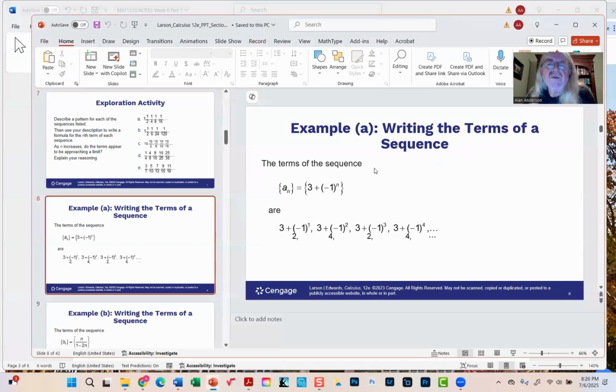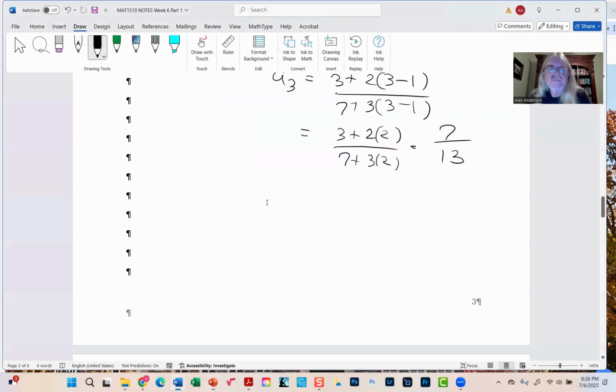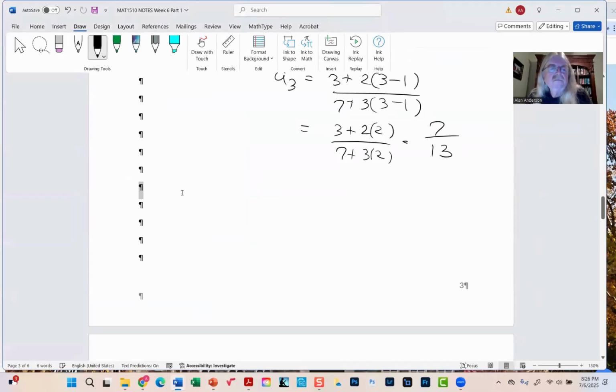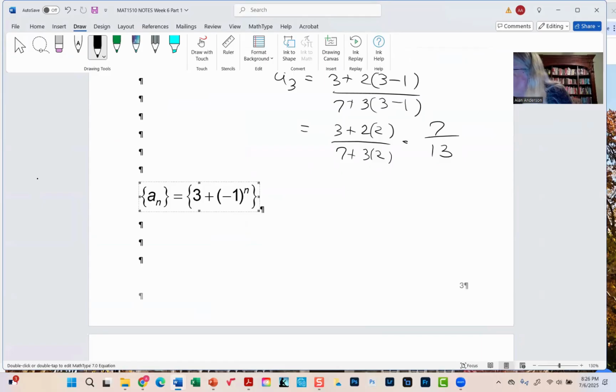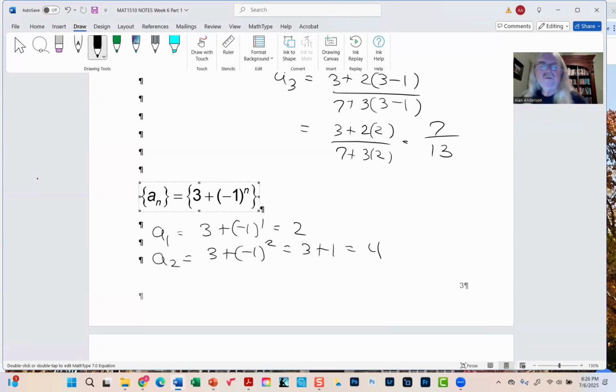All right. Now what they're going to do is give us the actual formula and then have us figure out what each one is, which is obviously a lot easier. So again, assuming that they want us to start with one, so 2, 4.